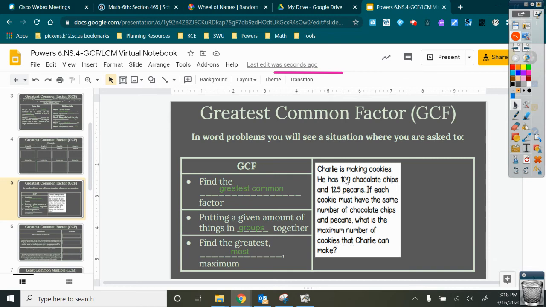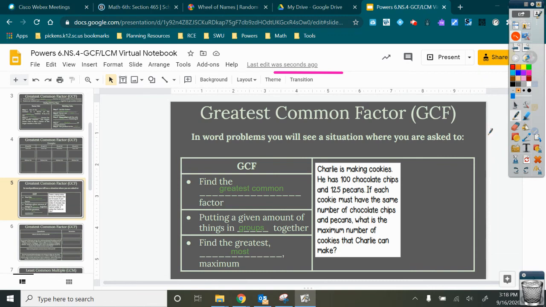And we have to take two different amounts, but divide them so that there's an equal amount of each in every group. That is the greatest common factor problem. We have to figure out how many groups we can make out of 100 chocolate chips and 125 pecans, where there will be an equal number of chocolate chips and pecans in each cookie.